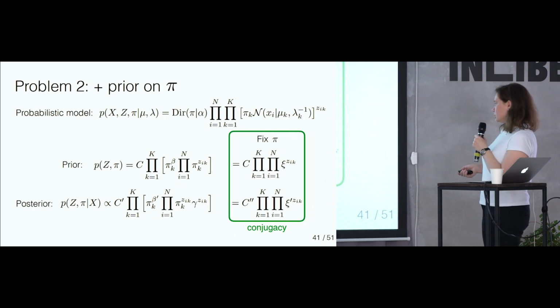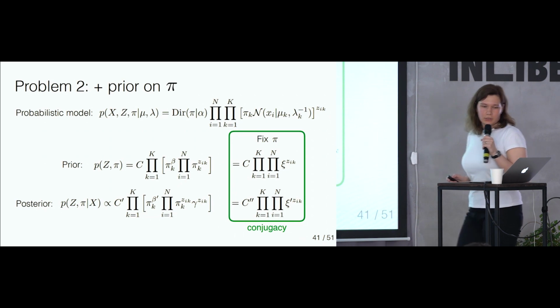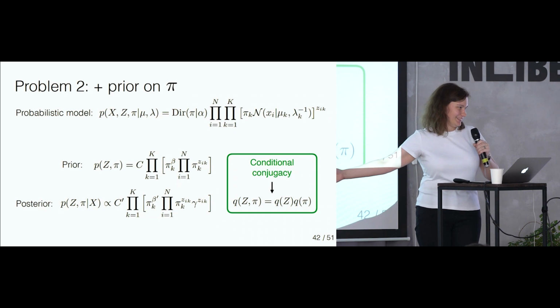So we see that our prior and posterior again have the same form, but with different constants. Do you see it? Okay. So if we fix z, we have conjugacy, and if we fix p, we have conjugacy. Therefore, we have conditional conjugacy.